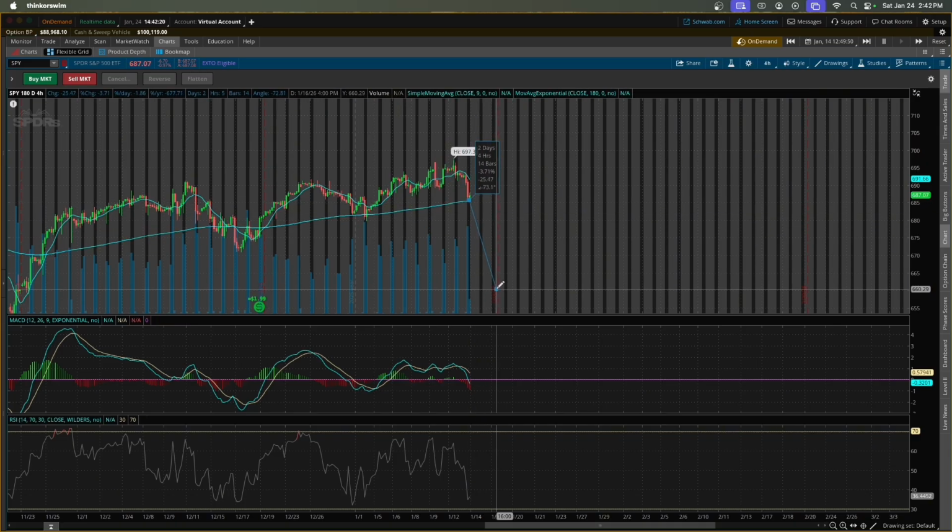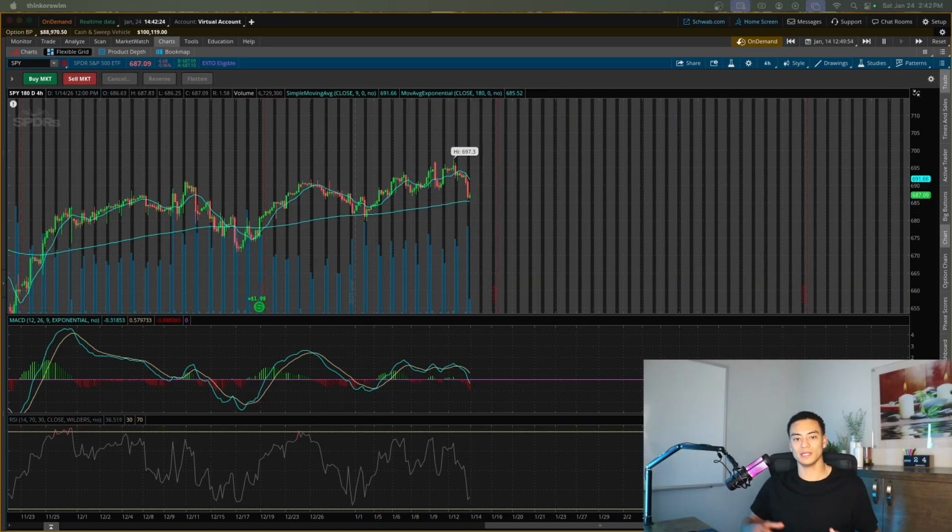And if SPY does that, I'm going to be assigned the shares, meaning I need to have $66,000 so that I can purchase 100 shares. That's exactly what's going to happen: I'm going to purchase 100 shares of stock if it goes below 660, okay? If it stays above it, nothing happens.